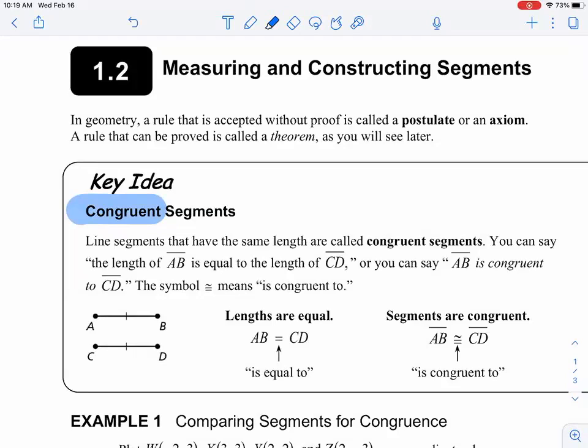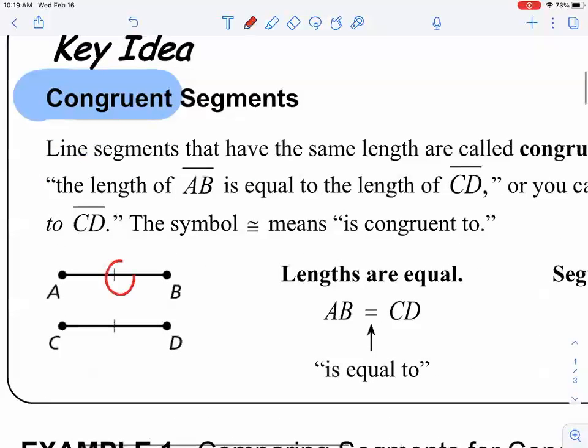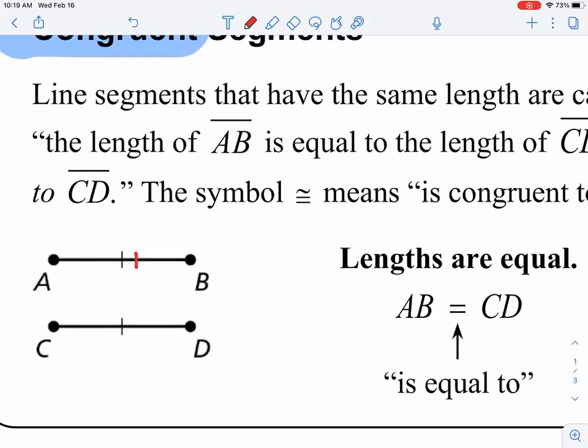So if we have congruent segments, like down here, AB and CD, it means they both have the same length. And the way that we notate that is, notice these little dashes on there. That tells the reader they are the same length. So if you put a dash on each one, that means they are congruent, or the same length. And you can put more: if you put 2 dashes on this one, you have to put 2 dashes on that one.